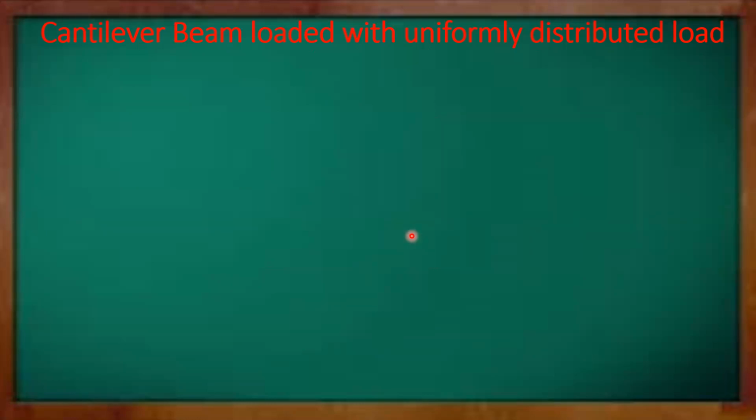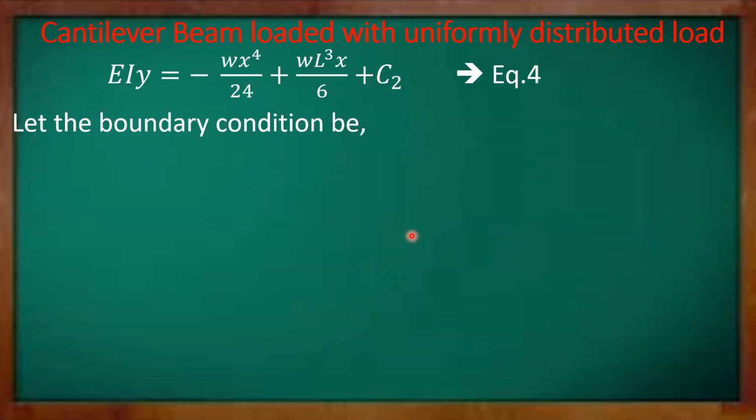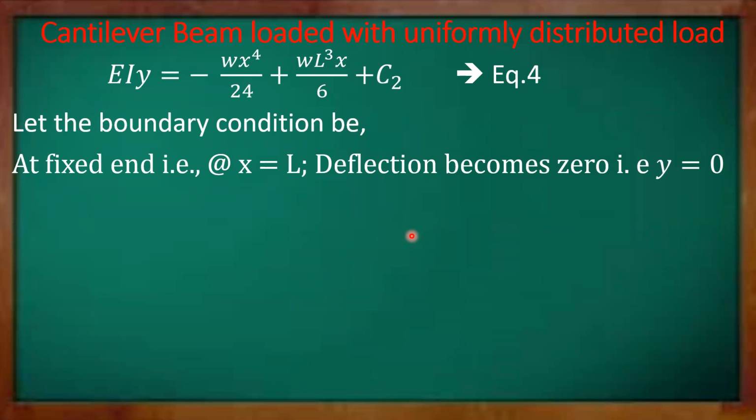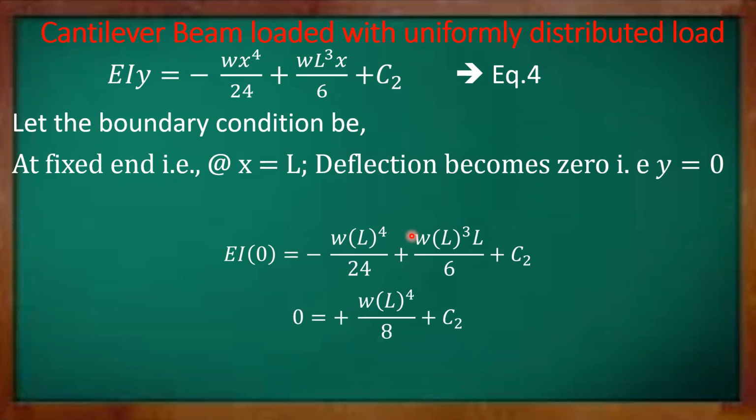And again, C2 is an integration constant. To find it out, I'm going to apply the second boundary condition at the fixed end. We have deflection as 0. So we get EI times deflection 0, and wherever x is there, we substitute L. Upon simplification, we get C2 as minus w L power 4 divided by 8. So this is the second constant of integration.